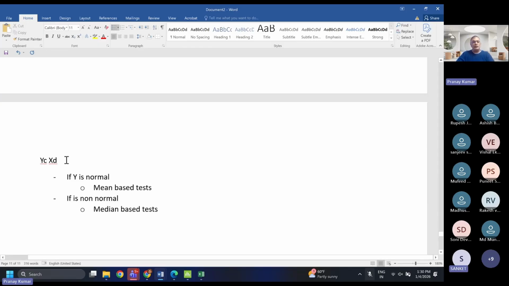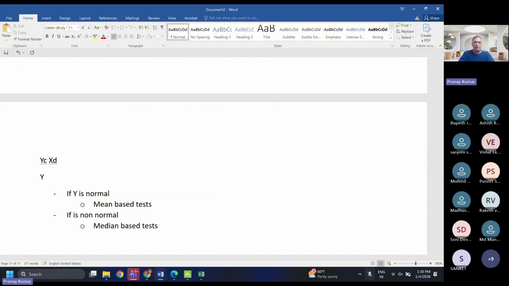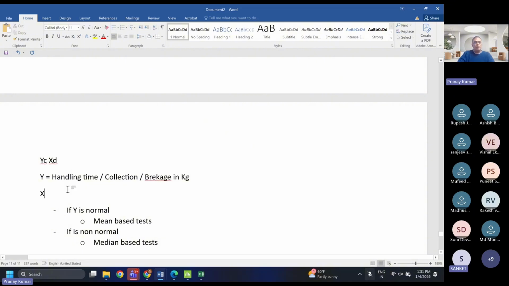I am looking at a situation that my y is, let's say, handling time for collections or breakage in kilograms, while my factor, let's say I'm doing a project on handling time, is something like shift, gender, etc. Question number one is that you will have to identify whether your y is normal or non-normal.